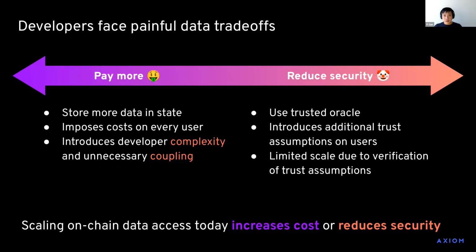So as a consequence, developers have a pretty painful trade-off to make today. If they want to access more data trustlessly, then what they need to do is pay more and store the data in state. So this has two problems. The first is that it obviously costs more. What that means is that every user has a bit of a negative externality.